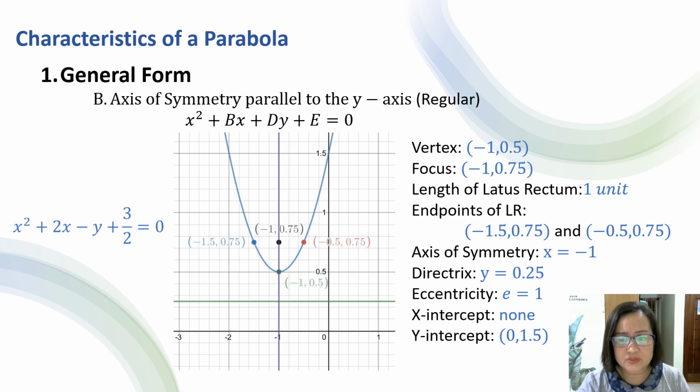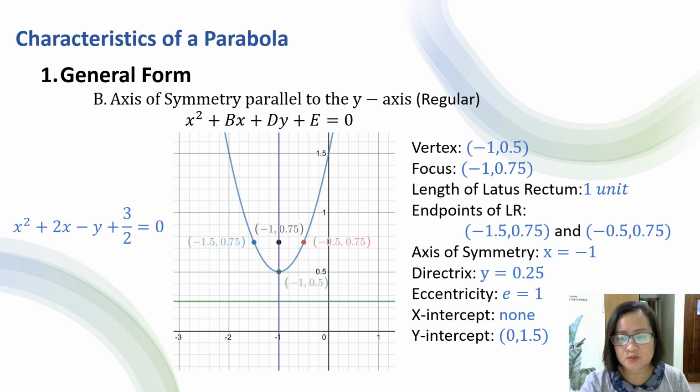Just like what we did in the first example, to confirm whether the length of the latus rectum is really 1 unit, we will get the difference. This time, we get the difference between the abscissa of the coordinates of the endpoints of the latus rectum.